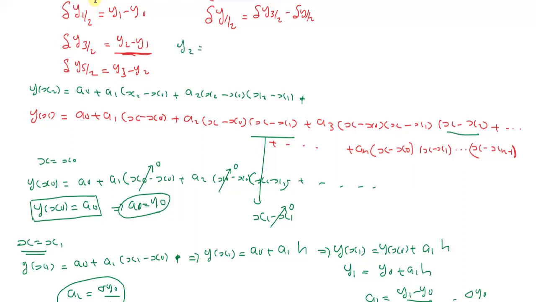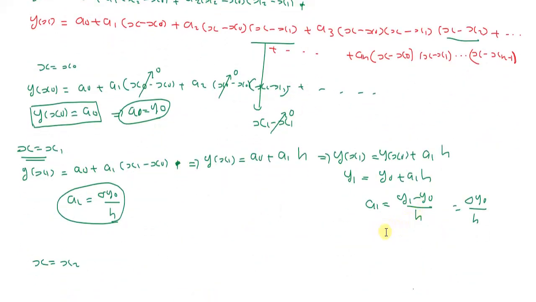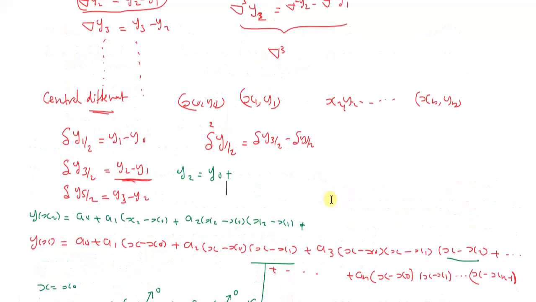y2 is equal to, now a naught, a1, a2 we can substitute here. What is a naught? A naught is y naught. So y naught plus what is a1? A1 is delta y naught by h, or a1 is equal to y1 minus y naught by h.